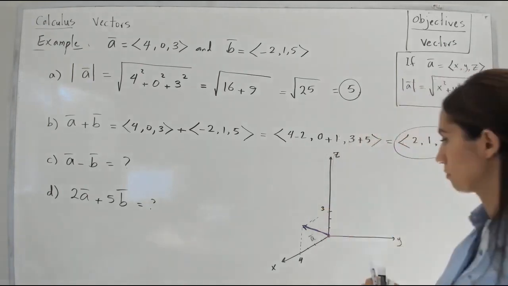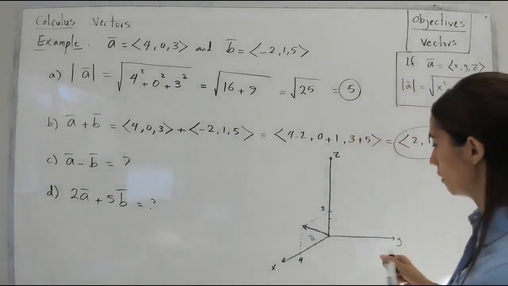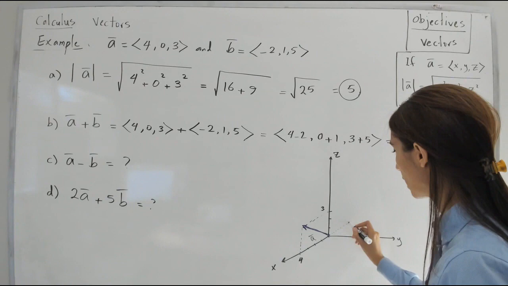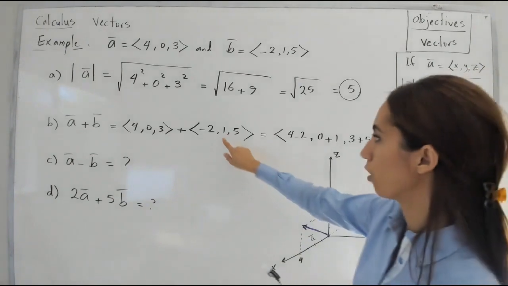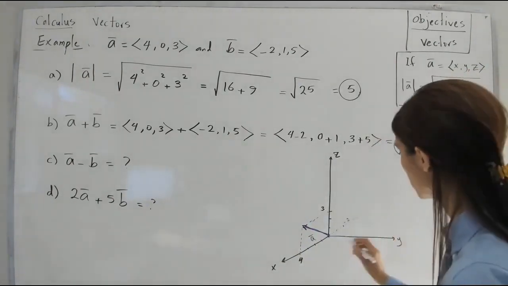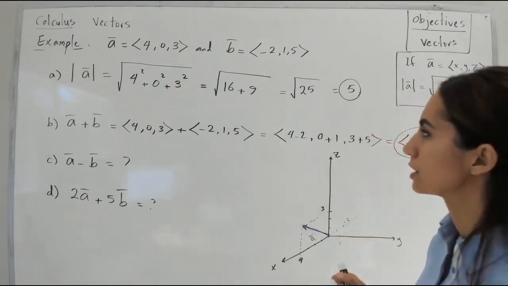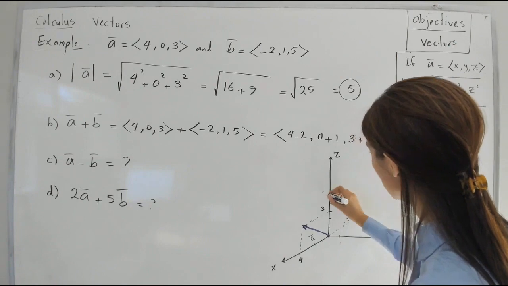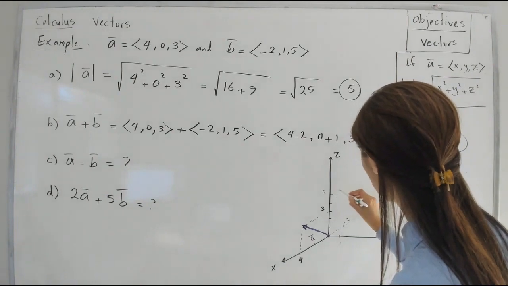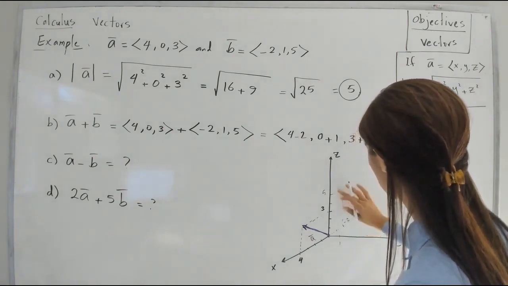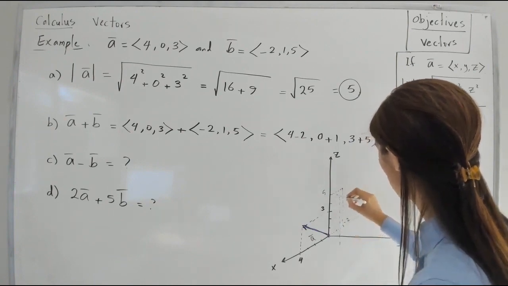Vector A. For the second vector, vector B, we have minus 2, very well, so we're going to be on the opposite side of the x-axis, negative 2, so here we have our minus 2, then we have y equals to 1, so minus 2, and y is 1, and our z is 5, 4 and 5, very well. So here we have our second vector. One up to 5.